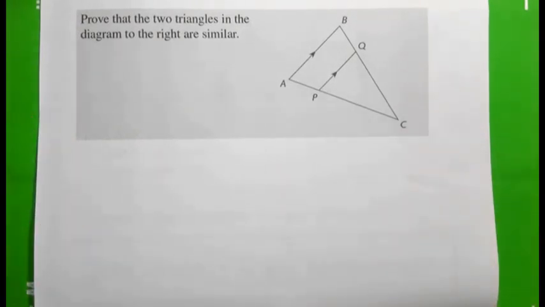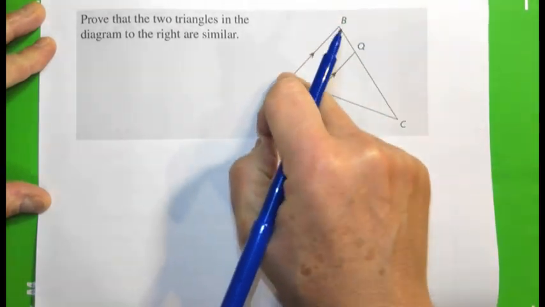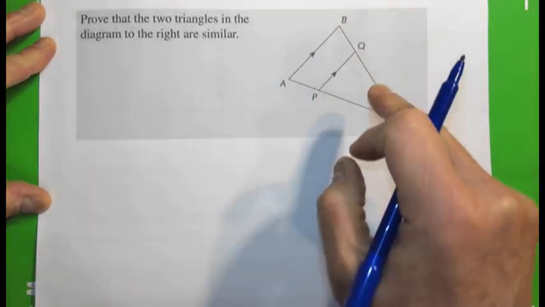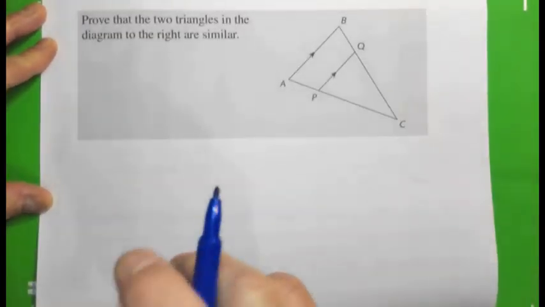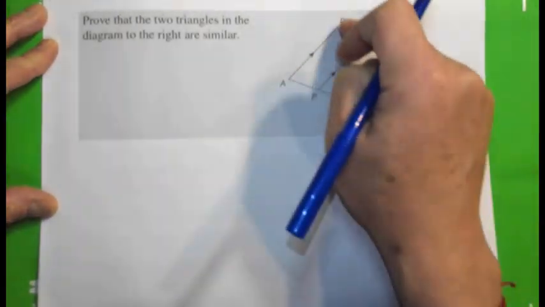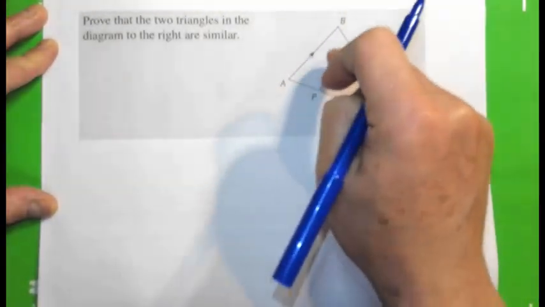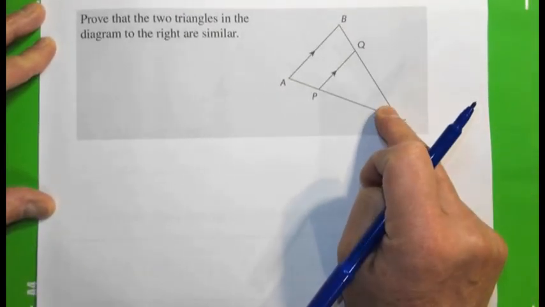We need to prove that the two triangles in the diagram to the right are similar. So basically, what we are required to do is to prove that ABC and PQC are similar. We know that in triangles ABC and PQC, this angle is actually common.